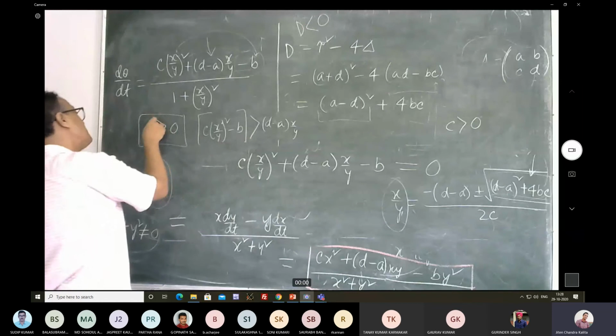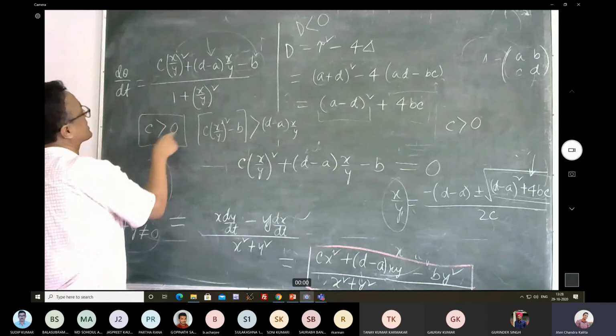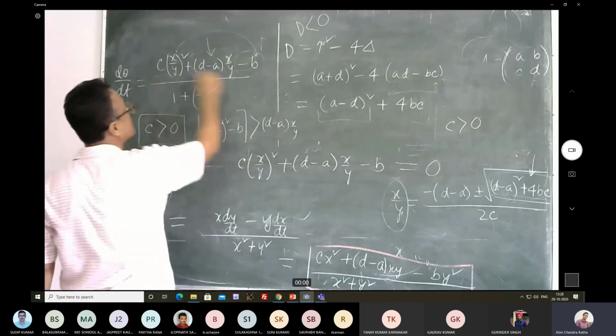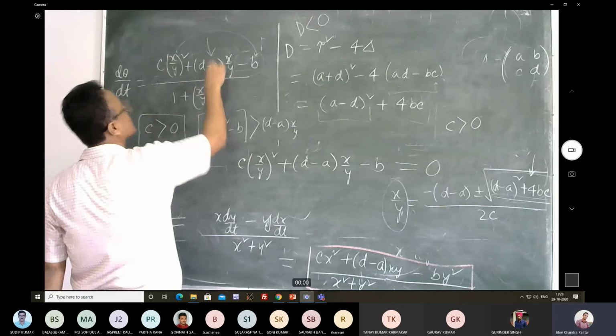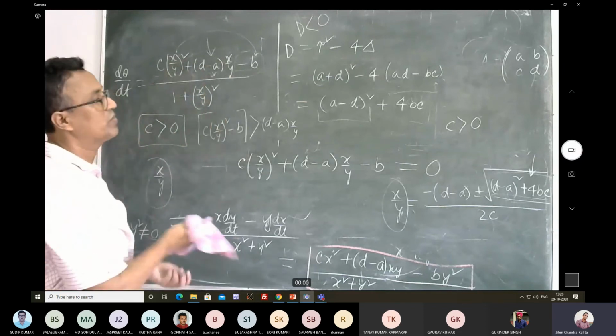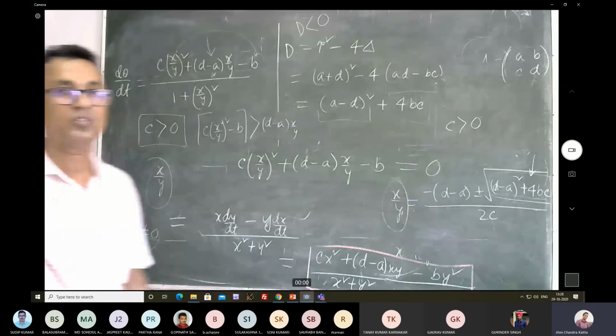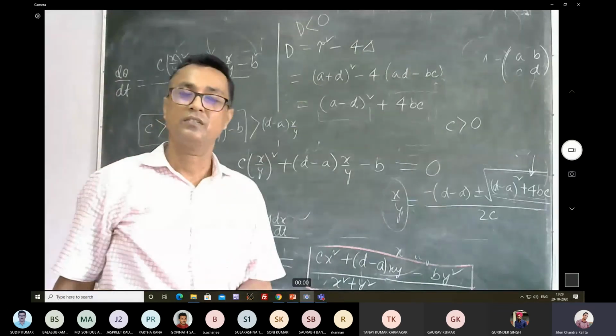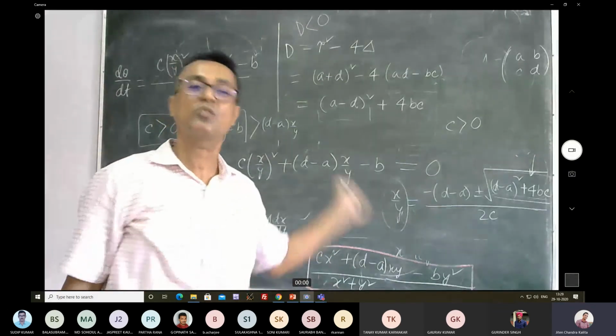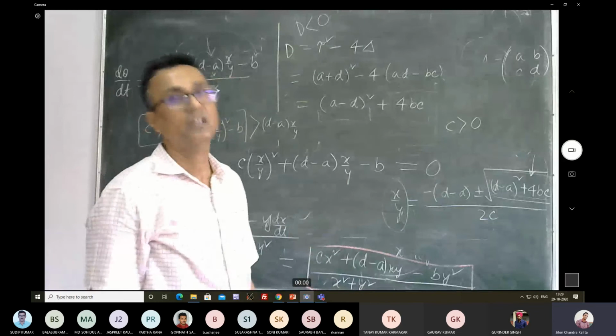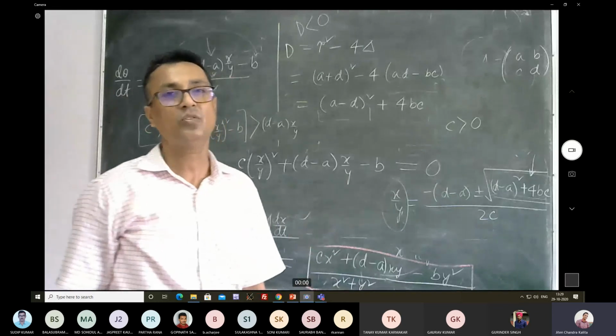If c is strictly greater than 0, it is going to give me that the numerator is also greater than 0, because we have already proved that it is not equal to 0. Similarly, c less than 0 is going to give me d theta dt negative.